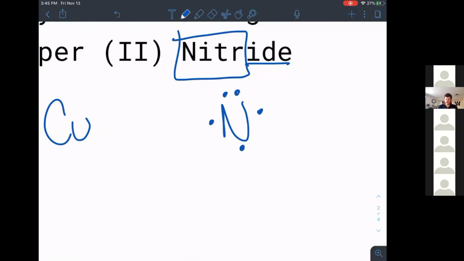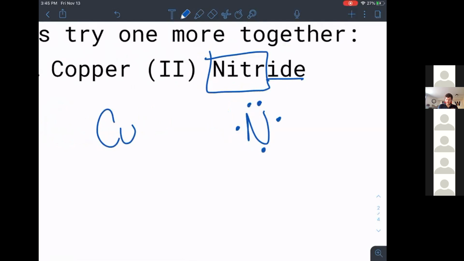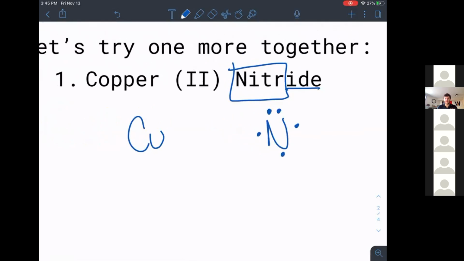What about this copper? How many valence electrons does it have? 7. It doesn't have 7, because remember those in the transition metal part go into an earlier energy level or earlier orbital.